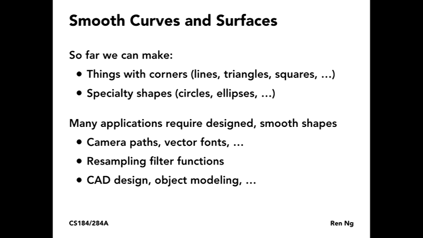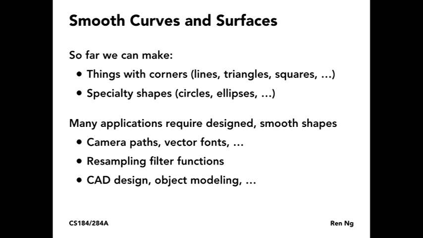We haven't talked much about it, but we could do certain specialty shapes like circles and ellipses. x squared plus y squared equals 4, for example, would be a pretty simple sphere representation. But many applications require more control than these simple platonic geometric representations.